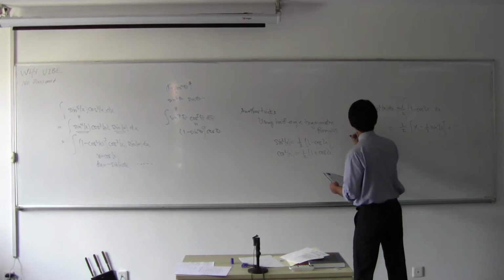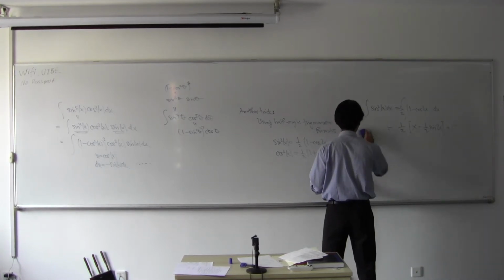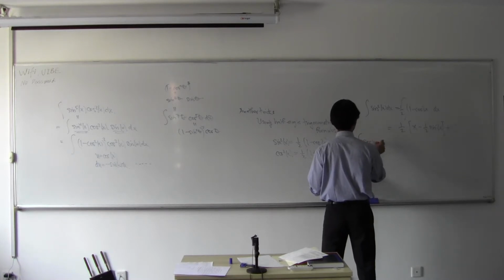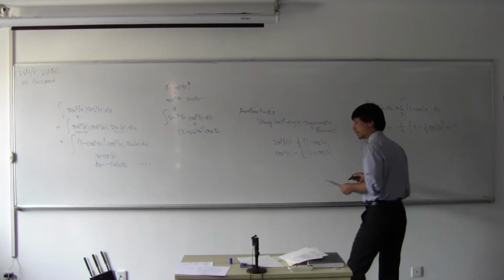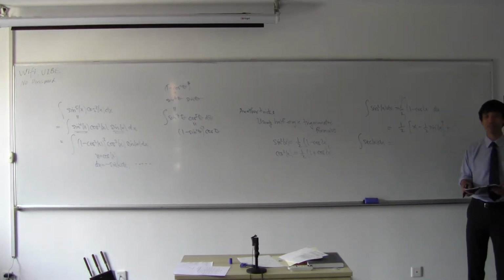There's one last integral that will turn up occasionally, and that's the integral of the secant. Does anyone know how to integrate the secant? This is a funny one. Go ahead, Bob. You look like you know. Or no, you don't know. That's okay.